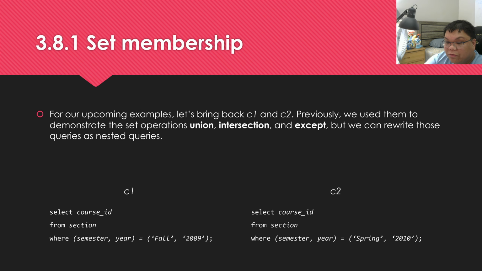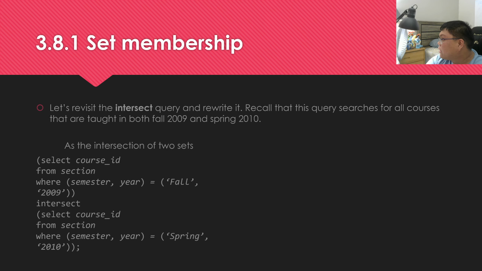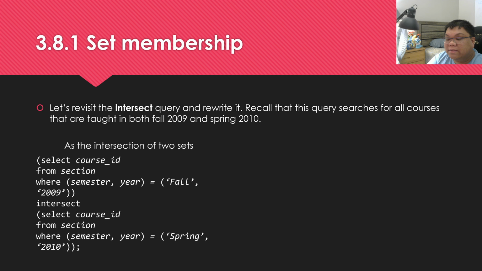So here are the queries for producing C1 and C2. Let's revisit the intersect query and rewrite it. Remember that this query searches for all courses that are taught in Fall 2009 and Spring 2010.